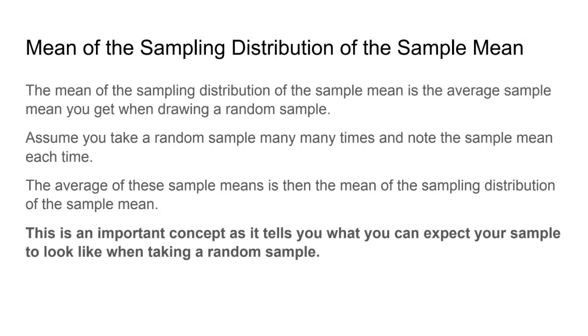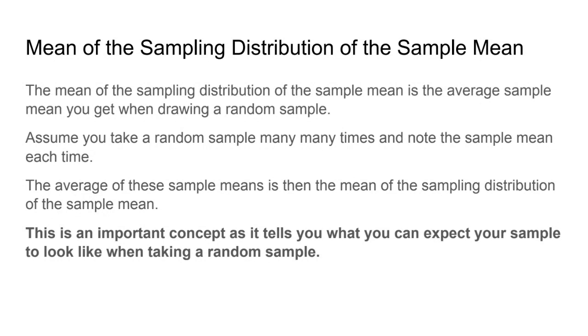And this is an important concept because it tells you kind of what you can expect the sample to look like when you take a random sample. So assume you are about to take a random sample, right? And then you wonder, well, what is the sample mean going to look like when I take the sample? And that's what the mean of the sampling distribution of the sample mean tells you.